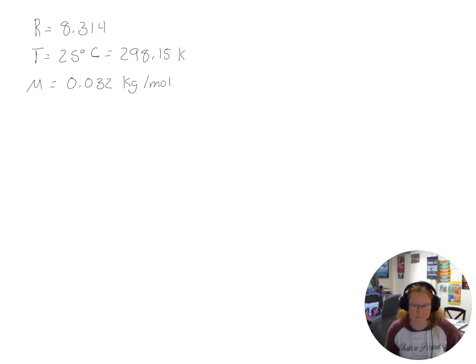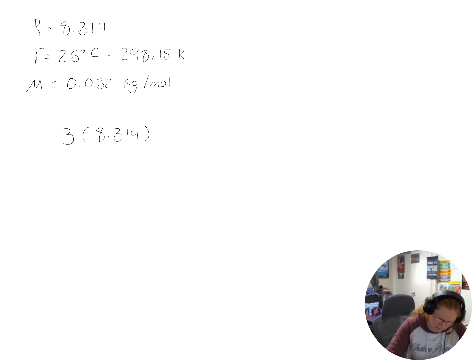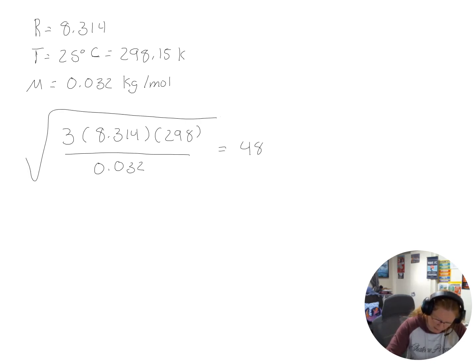So far so good? We're going to do 3 times 8.314 times 298 over 0.032, and take the square root of that. We're going to get 482 meters per second.